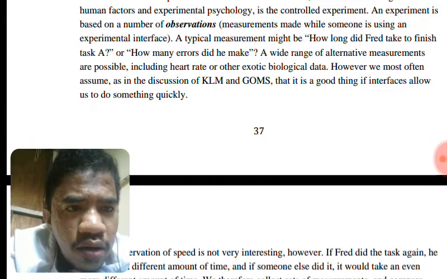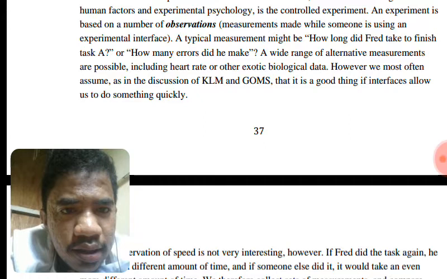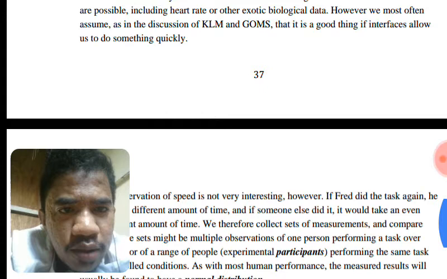A wide range of alternative measurements are possible, including heart rate or other exotic biological data. However, we most often assume, as in the discussion of KLM and GOMS, that it is a good thing if an interface allows us to do something quickly.